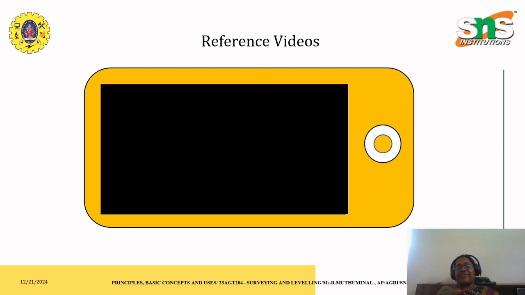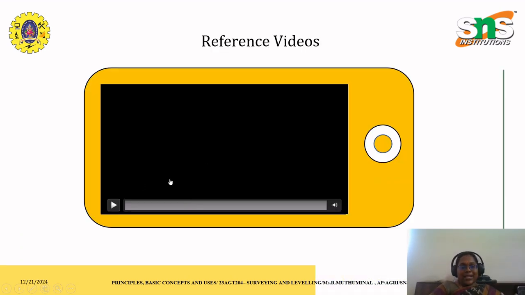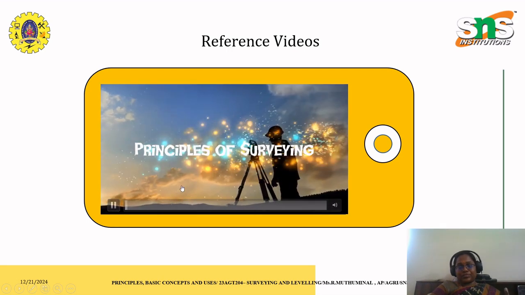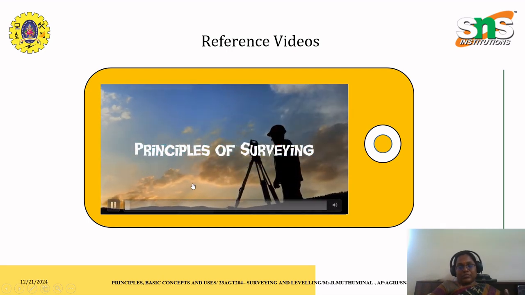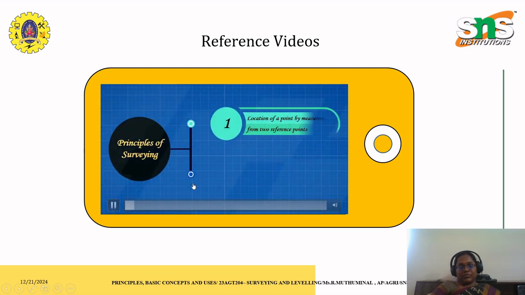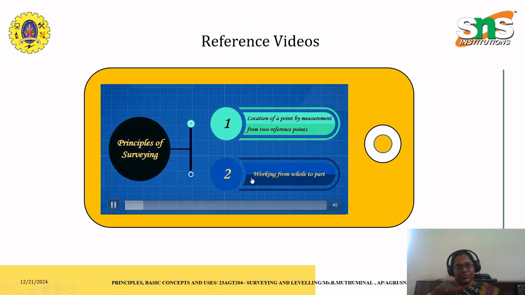So this is the reference video that I have prepared for you, which specifies the basic concepts of surveying, the Principles of Surveying. This video explains the two fundamental principles of surveying. The two fundamental principles of surveying are: location of a point by measurement from two reference points, and working from whole to part.